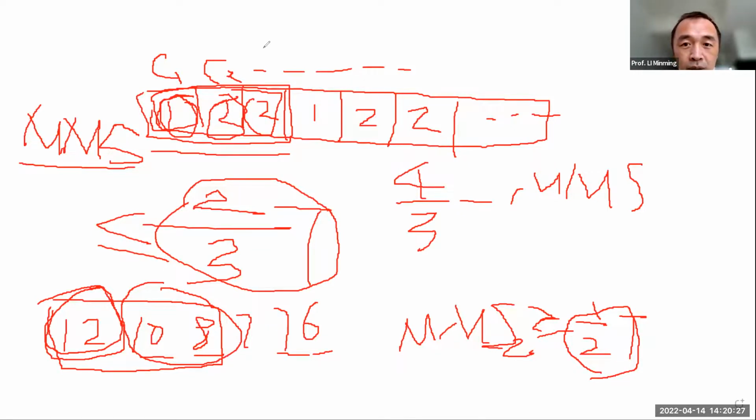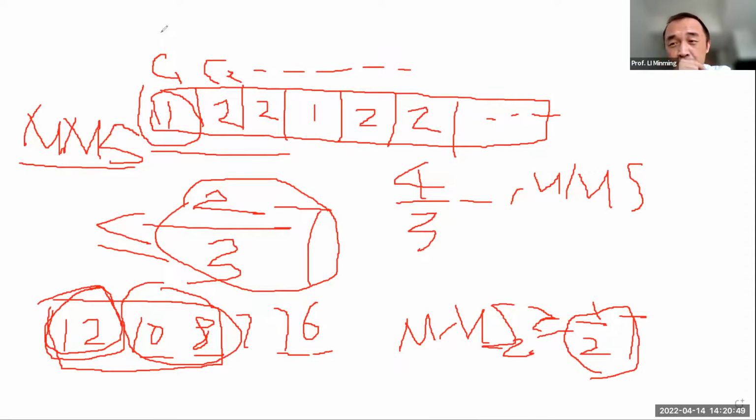So let me use the eraser. One has some complicated thing. The most complicated thing comes from the first item, because one gets this first item. This first item can be very, very large. If it is very large, you have no way to bound it from the total value because it can dominate.